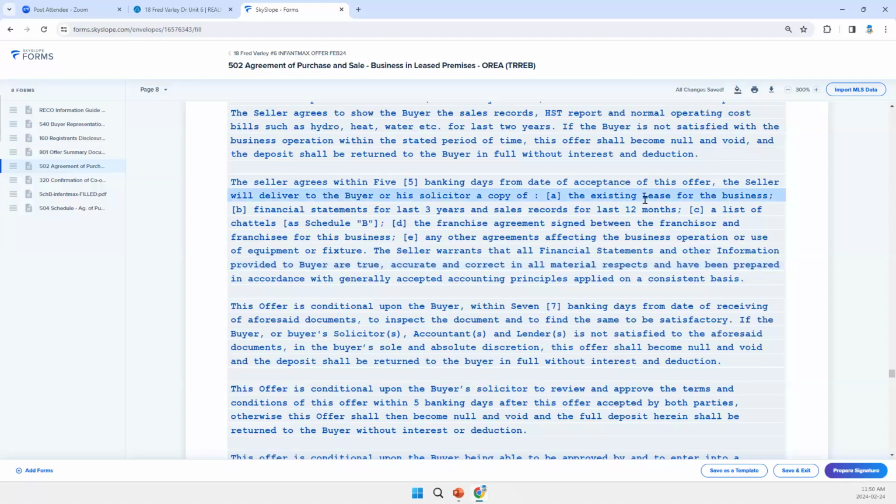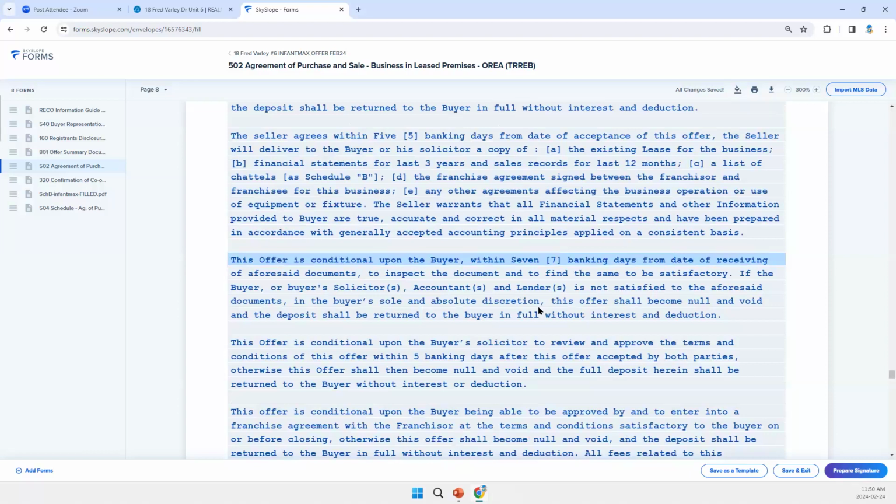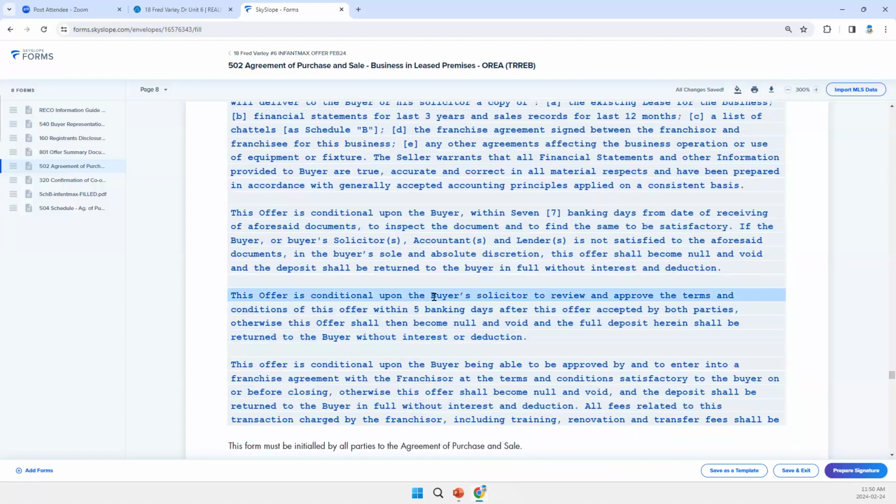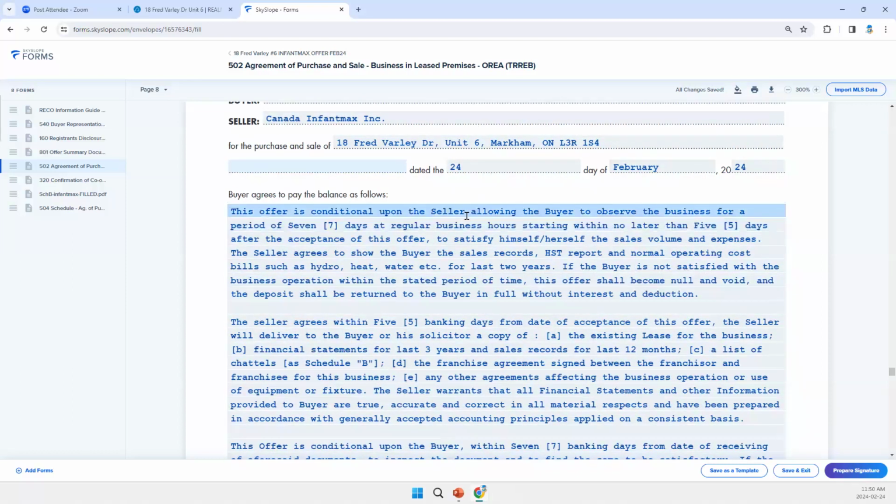The offer delivers the buyer this lease. So this is the condition, the CP, condition precedent. Later on, if you find this is all good, then you give a waiver and go for that. And the solicitor, the buyer's lawyer, reviews for 5 days. So this is good, because this is for the buyer to certify.